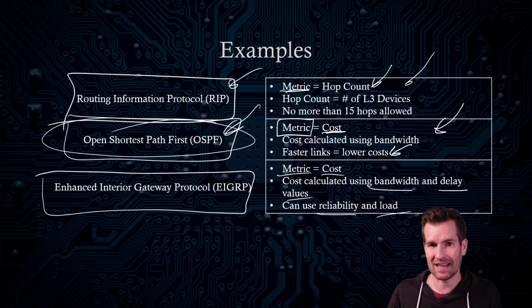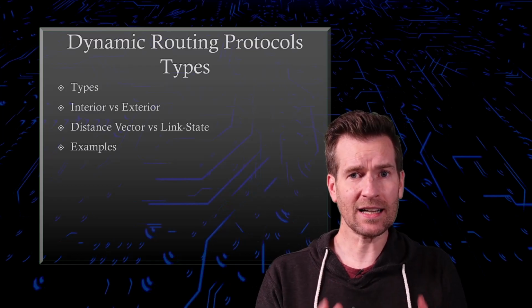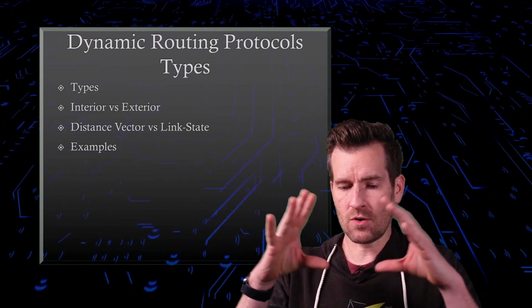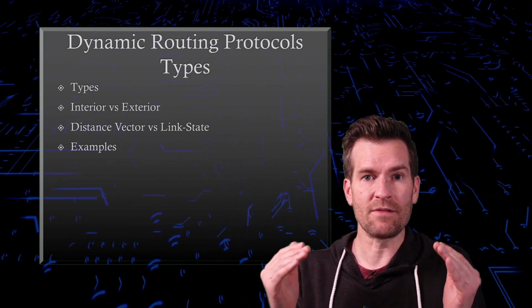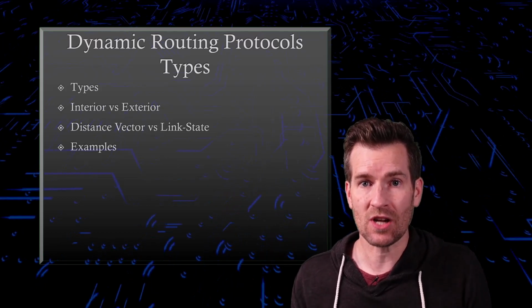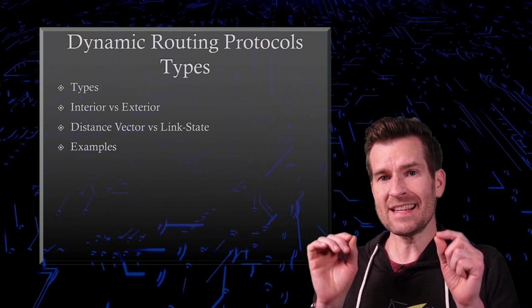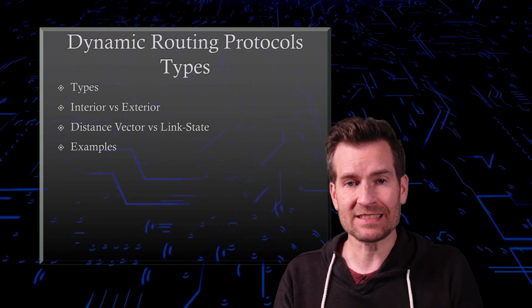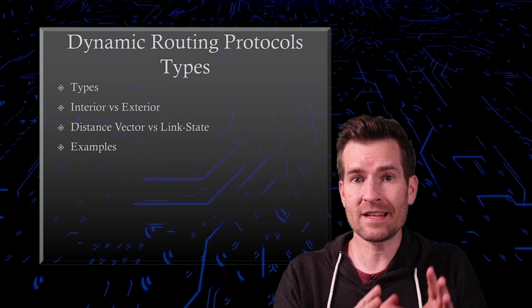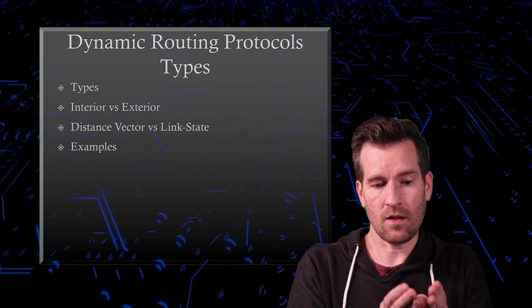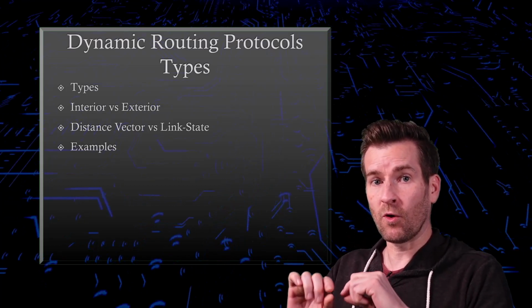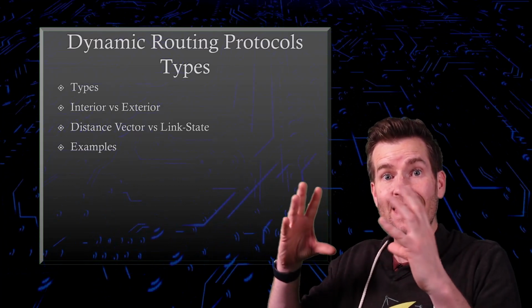In this video, we talked about dynamic routing protocol types. We started out with the table that shows a broad overview of the different routing protocols and how they differentiate themselves from each other. Then we got into the difference between interior versus exterior gateway protocols. Interior gateway protocols are designed more for companies and large infrastructures, versus exterior protocols, which would be more for internet service providers and the internet.